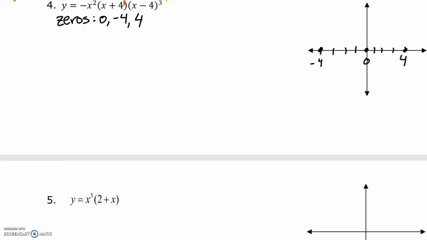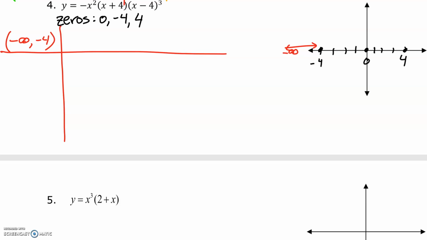And let's go ahead and test our domain intervals. So I'm going to start off with red, and we are going from -infinity all the way to -4. So that's going to be our first domain interval that we're going to look at. Okay, and for that value, I'm going to go ahead and test -5. So when I test -5, I'm going to end up with -5 squared and then a negative in front.